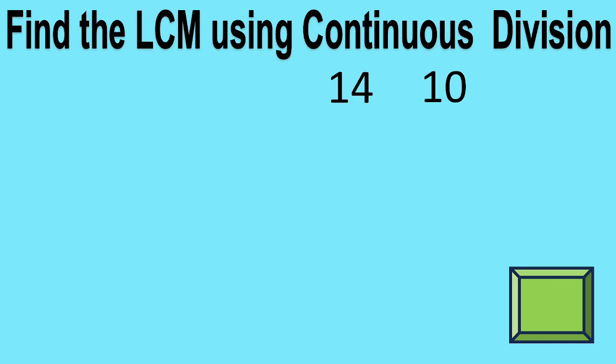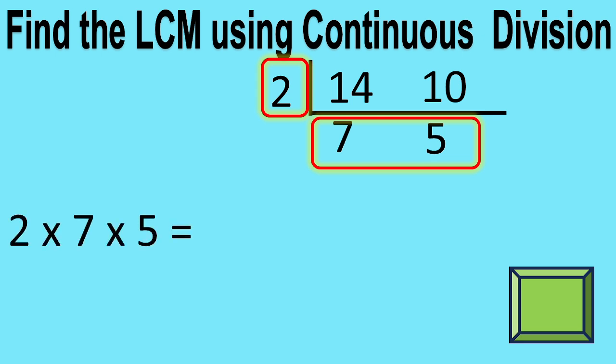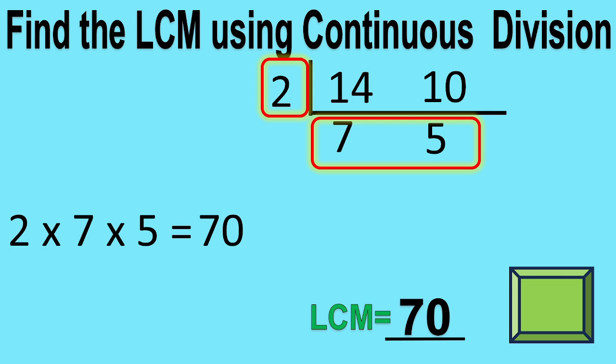Another, 14 and 10. Time's up. The answer is... So, 2 times 7 times 5 equals 70. So, the LCM is 70.